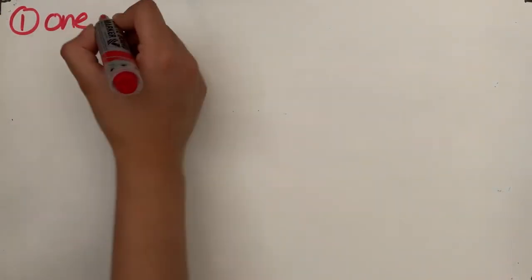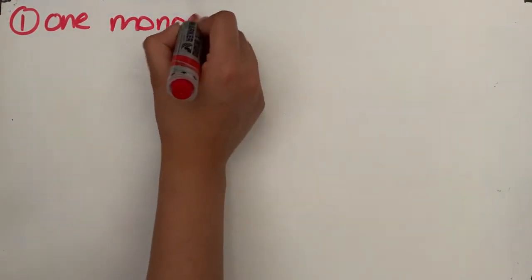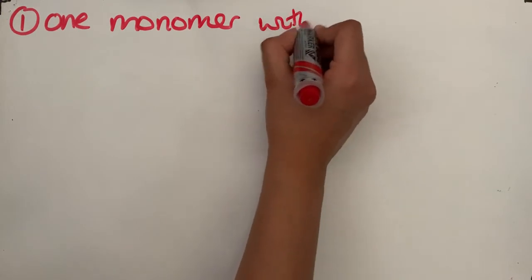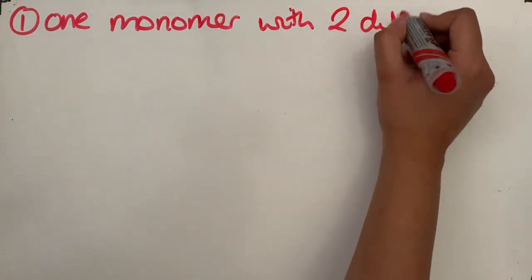Okay, so let's look at the first one, where we have one monomer with two different functional groups.